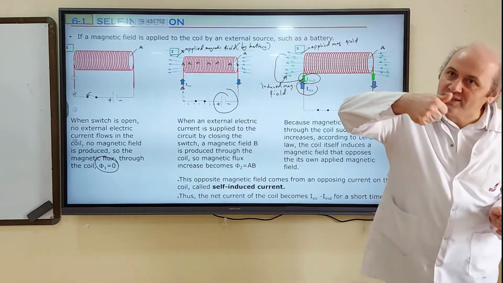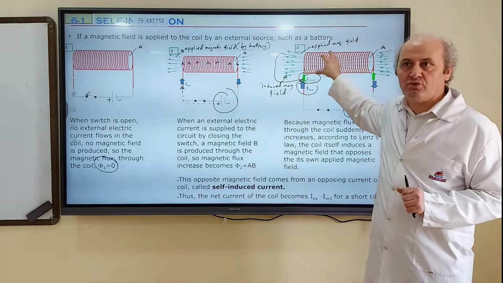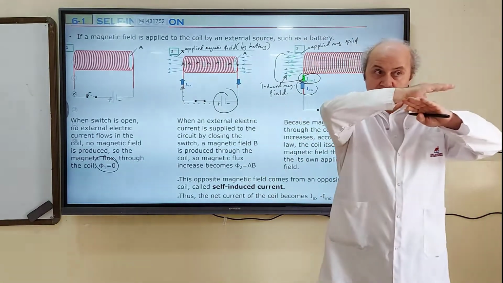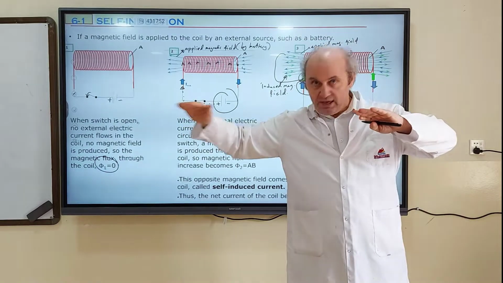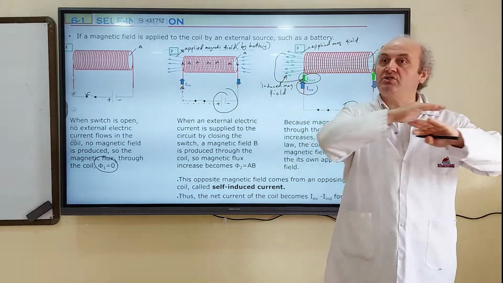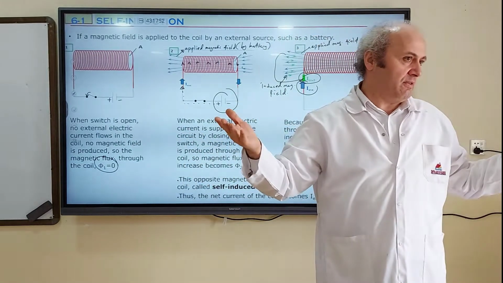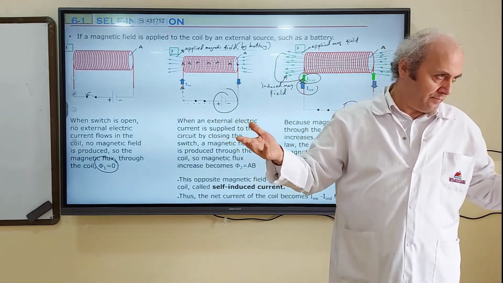Only when you are switching on the circuit can you observe these two magnetic fields. The green disappears because the electric current stays constant. If the current stays constant, there is no change in magnetic field, no change in magnetic flux, so of course there will be no Lenz's law.